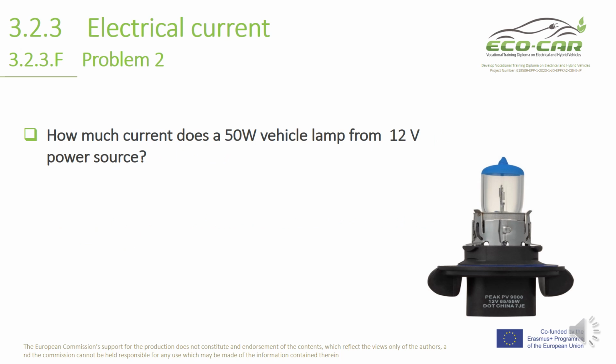Problem number three, you have here a load as we see in vehicles, a 12 volt, 55 watt or 65 watt lamp. So how much current does this lamp draw from a 12 volt power source?